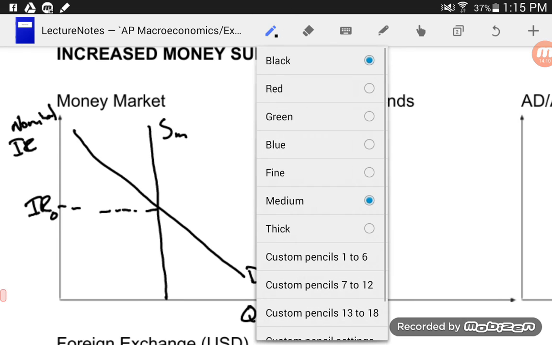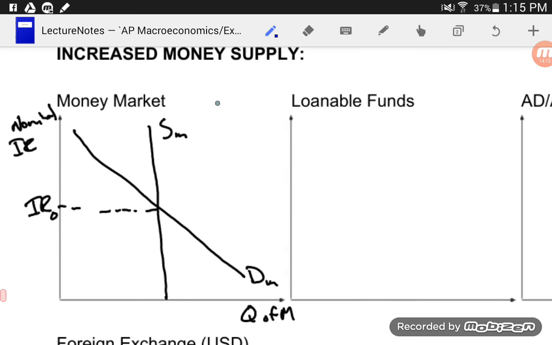What happened was we increased the money supply. I always have to stop and think about this, but in order for the Fed to increase the money supply, they need to buy something. Put yourself in the place of the Fed. If you want to give money to somebody, you've got to buy something from them.